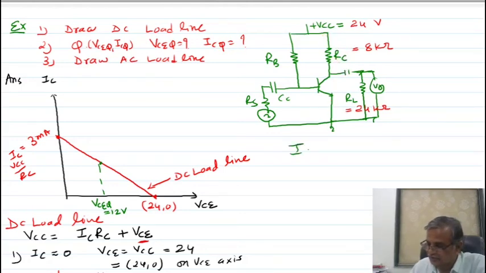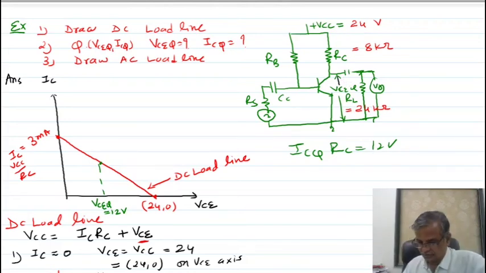So current multiplied by RC is equal to 12 volt, so you can find the ICQ. That's why I find the ICQ is 1.5 milliampere. This is a Q point.